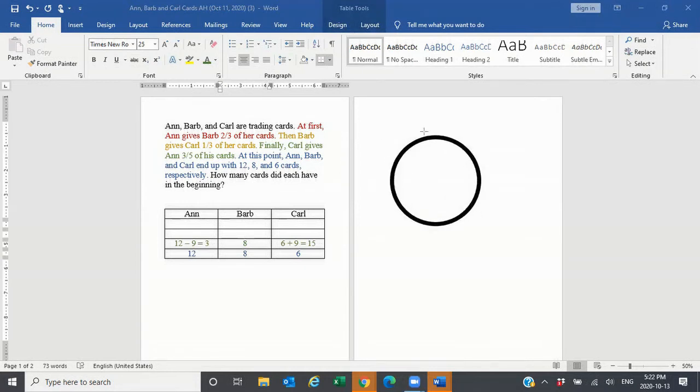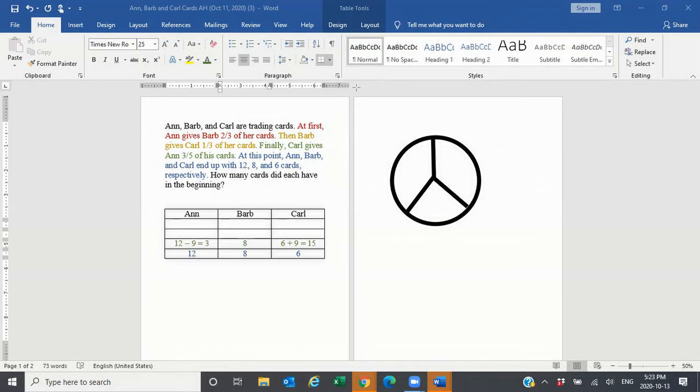This time we divide the circle into 3 parts for thirds. Okay. Again, I cannot make this equal, but I tried. I want it to be equal, and I intend it to be equal.